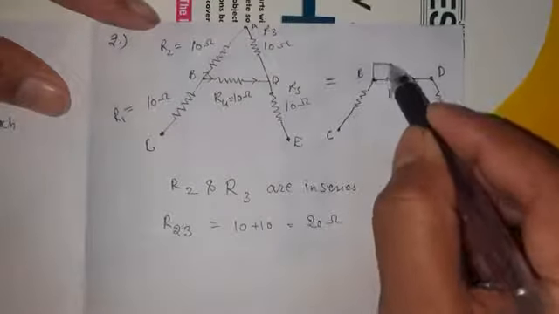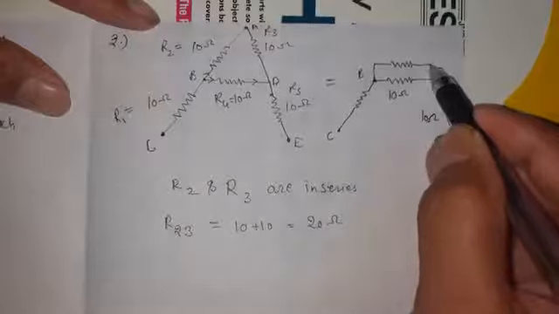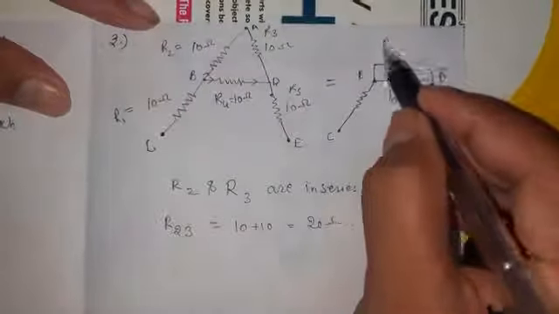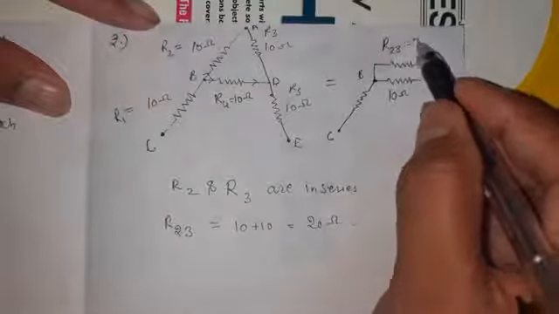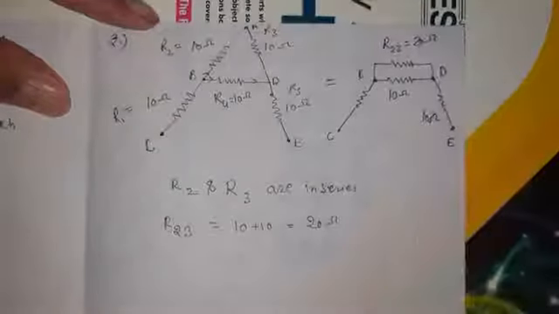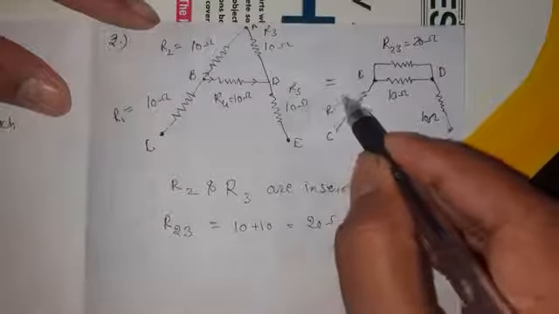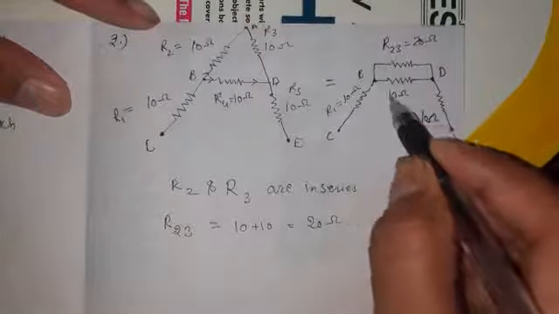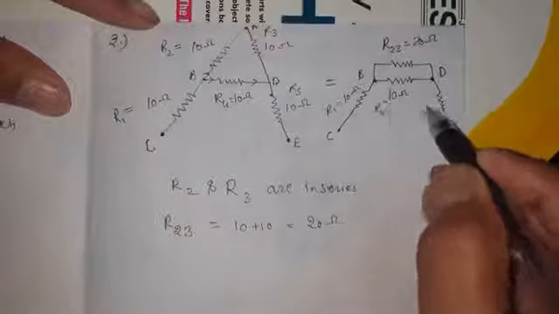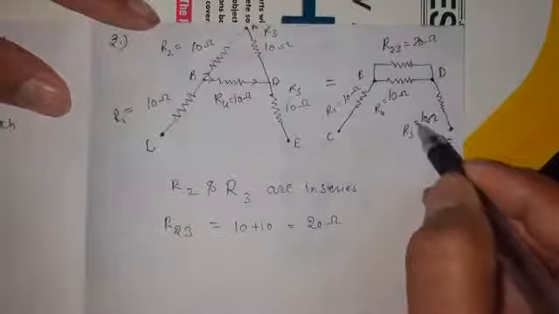Now there is another which we have replaced with a single one, these two replaced with a single, and it is R23, which is 20 ohm. Okay, this is R1 resistance whose value is 10 ohm, and this was R4 resistance, and this is R5 resistance.